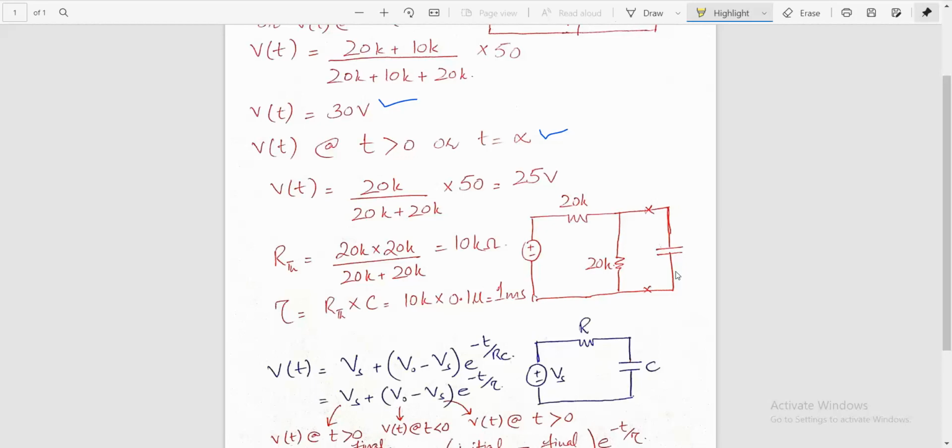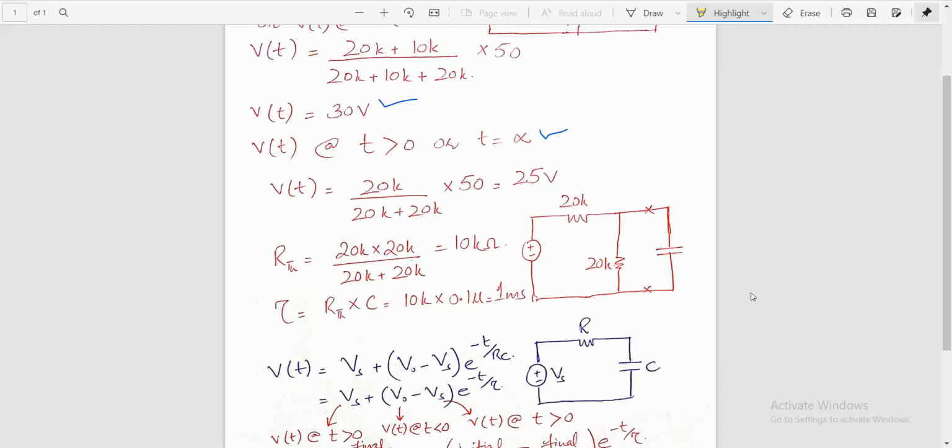Removing the capacitance from the points where the crosses are marked and replacing the voltage source with a short circuit, the two resistances come in parallel. Since both are 20 kilo ohms, the parallel equivalent is 10 kilo ohms. The time constant will simply be R Thevenin times C. In the previous example it was R Thevenin times C equivalent, but since there is only one capacitance here, it is simply R Thevenin times C, which comes out to be 1 millisecond.